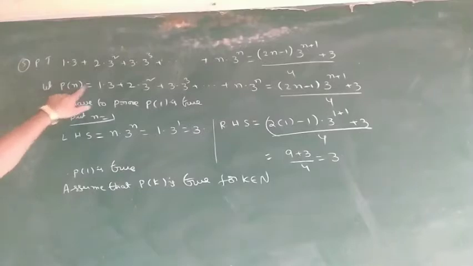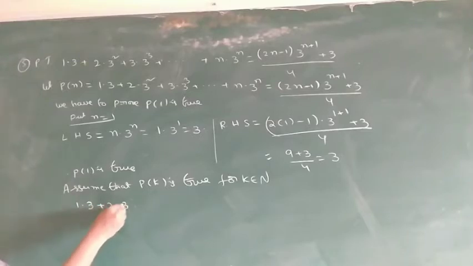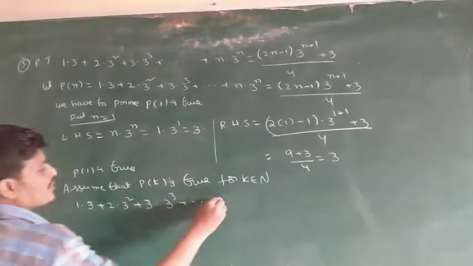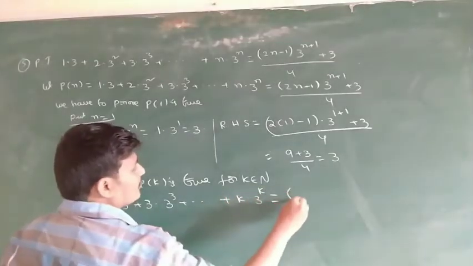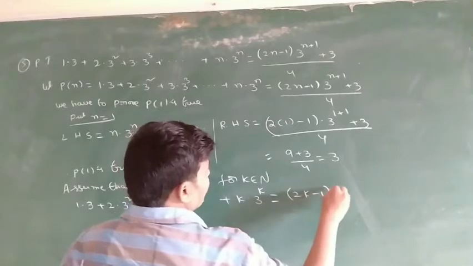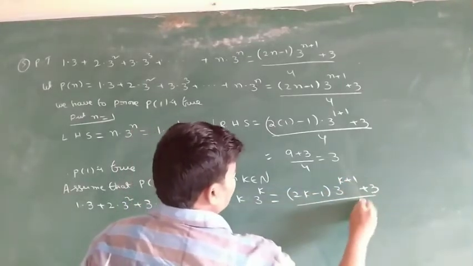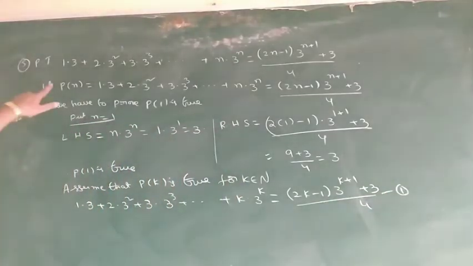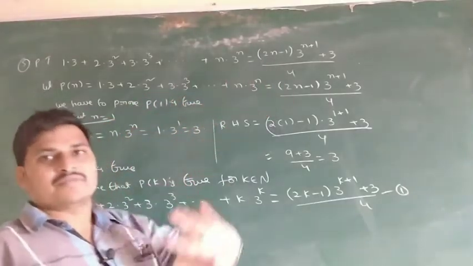Put n is equal to k in the equation. So 1 into 3 plus 2 into 3 square plus 3 into 3 cube plus and so on plus k into 3 power k is equal to (2k minus 1) into 3 power k plus 1, plus 3 by 4, equation 1. This is P(n). We want P(k), so put n is equal to k in the equation. Finish.